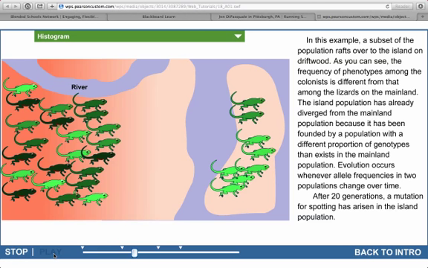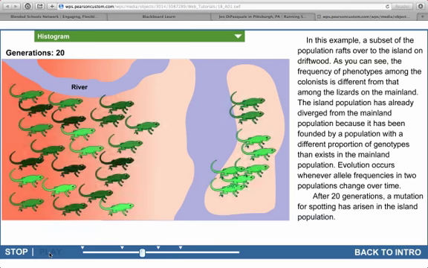The island population has already diverged from the mainland population because it's been founded by a population with a different proportion of genotypes than exist in the mainland population. Evolution occurs whenever allele frequencies in two populations change over time.